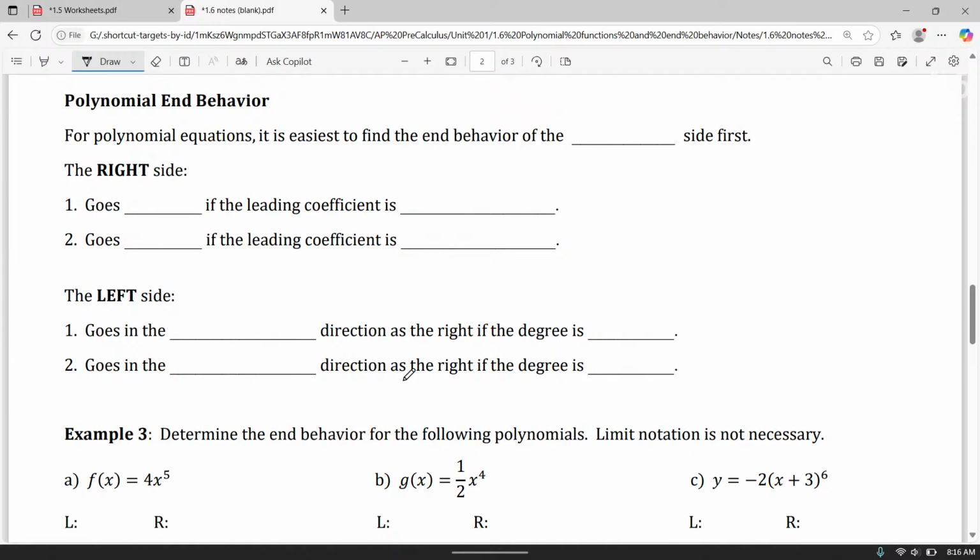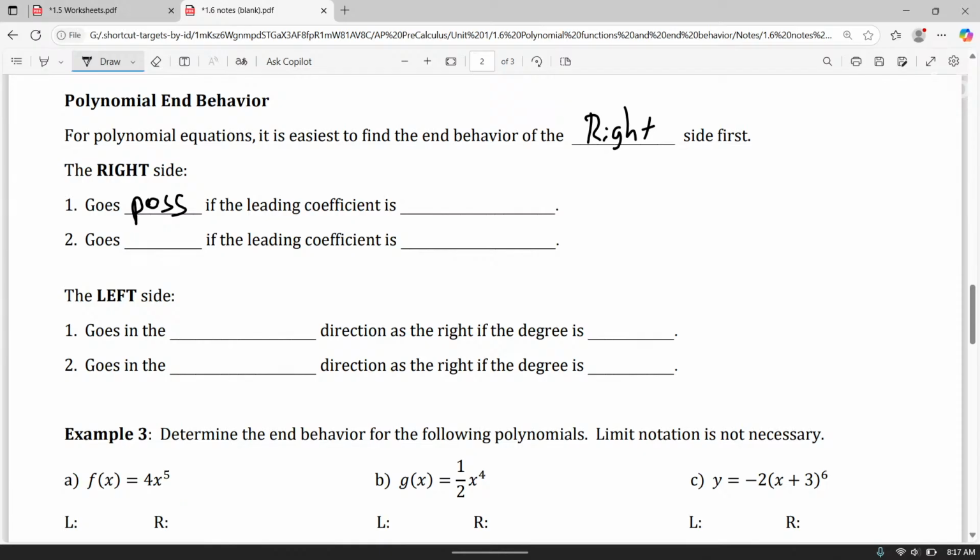The right side goes blank. So I guess they want the right. This guy does it differently than I do it. This makes it harder to me.